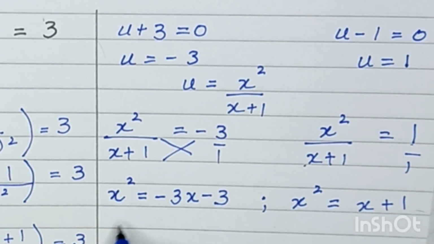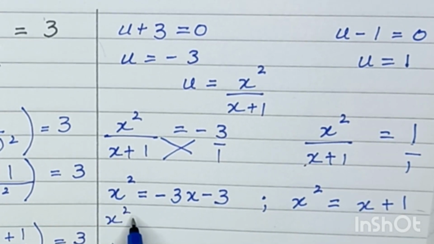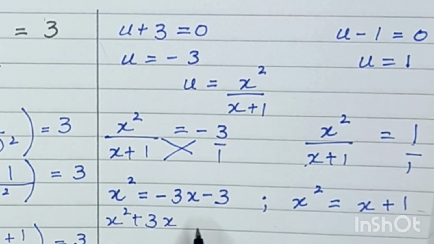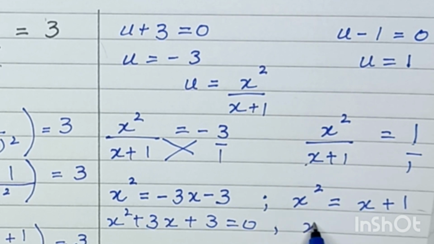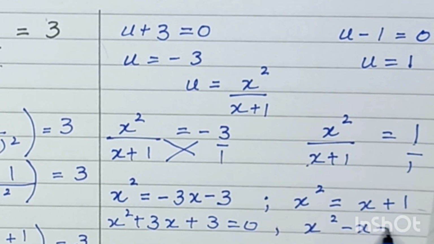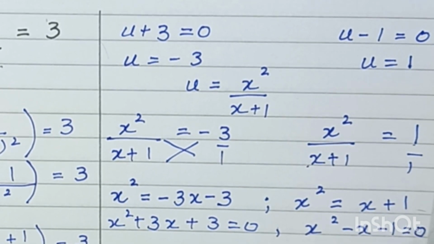So it will become x square plus 3x plus 3 is equal to 0, and it will become x square minus x minus 1 will be equal to 0.